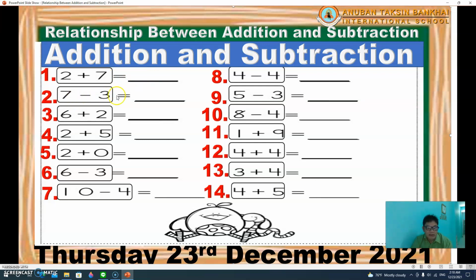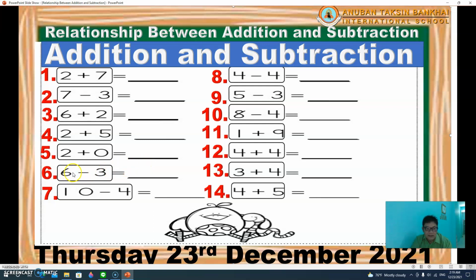7 minus 3 equals 4. Correct. 6 plus 2 equals how many? 8. Very good. 2 plus 5 equals what's the answer? 7. Okay, very good. 2 plus 0 equals 2.